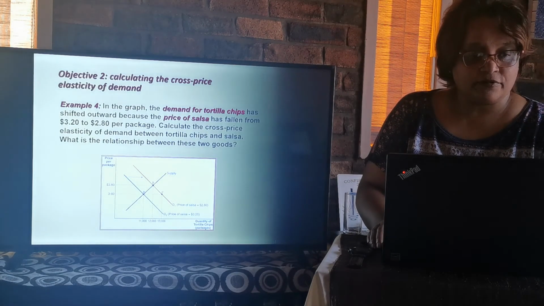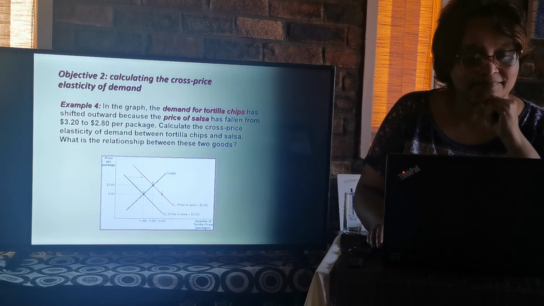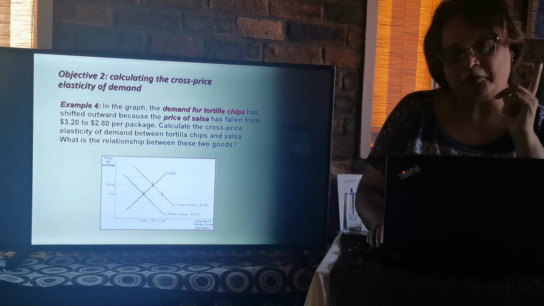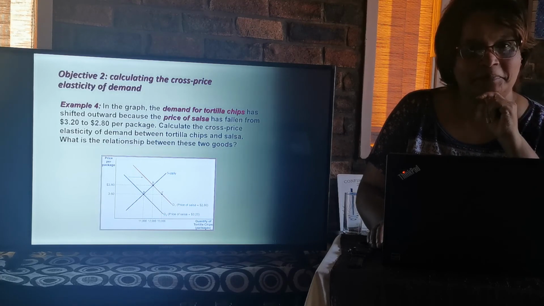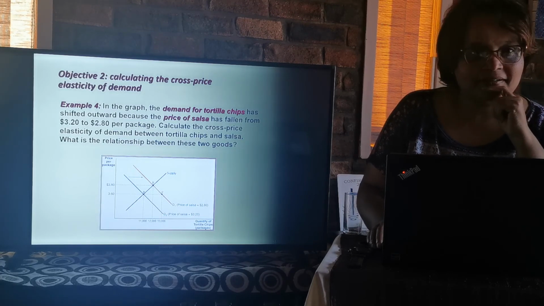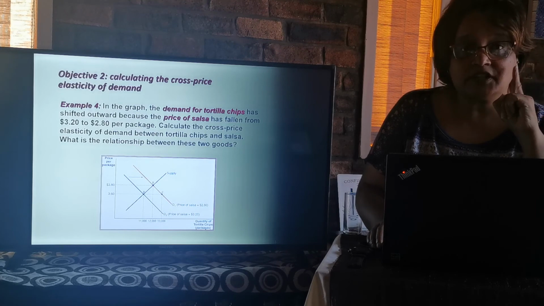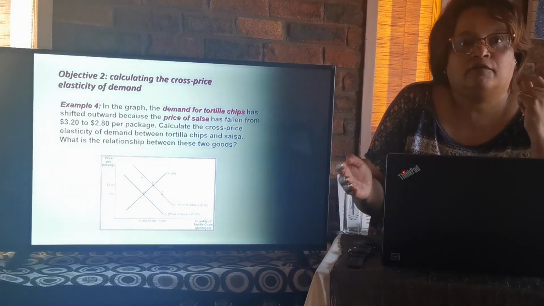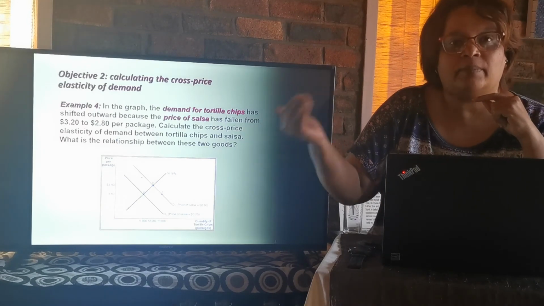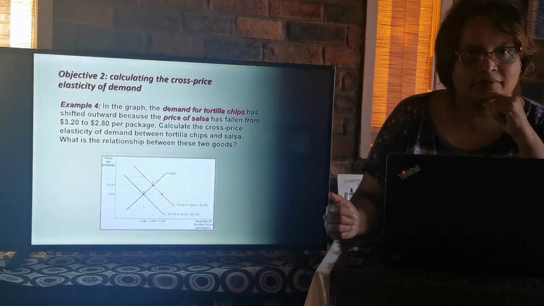Example 4. In the graph, demand for tortilla chips, and we know tortilla chips go nicely with your salsa dip. If the price of the tortilla chips goes up, I don't want to buy that. And if you're not going to buy that, that means you're not going to buy the salsa dip.